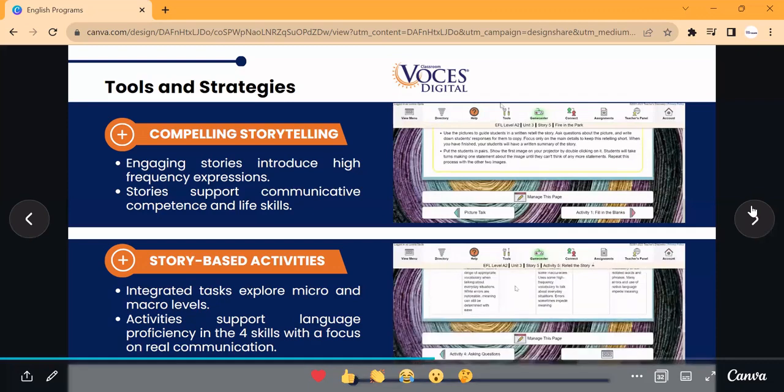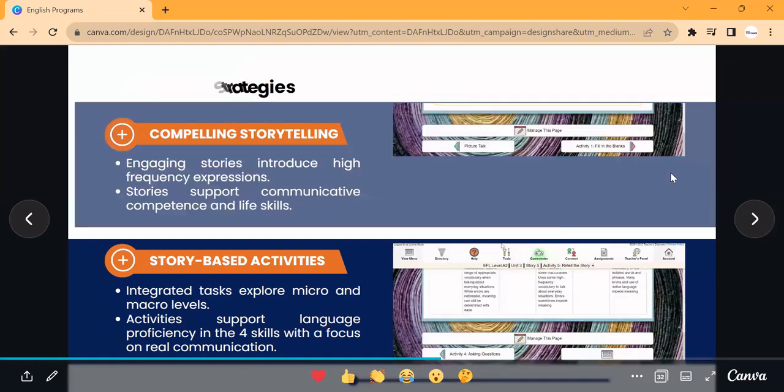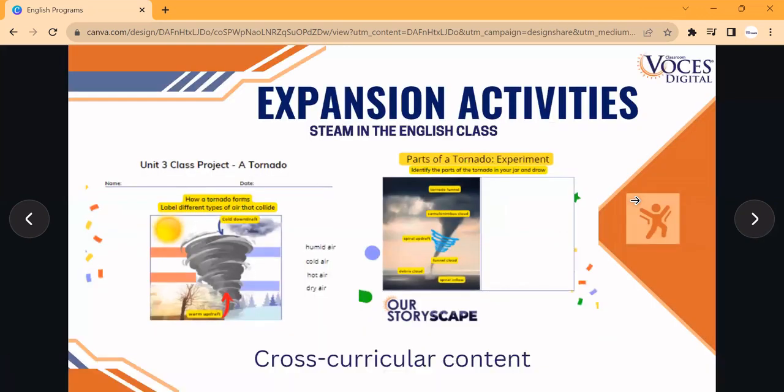So I hope it is clear, and we're gonna move to our next activity that is also part of our Storyscape series. That is our cross-curriculum content that includes projects.